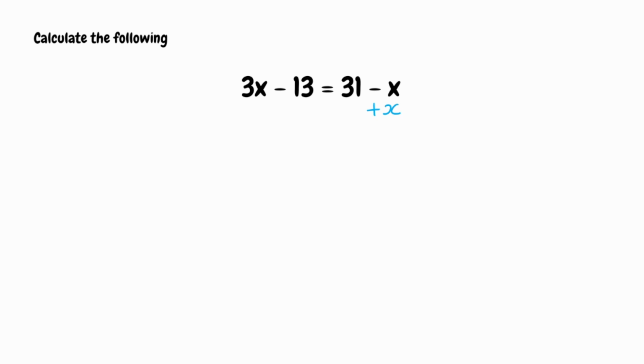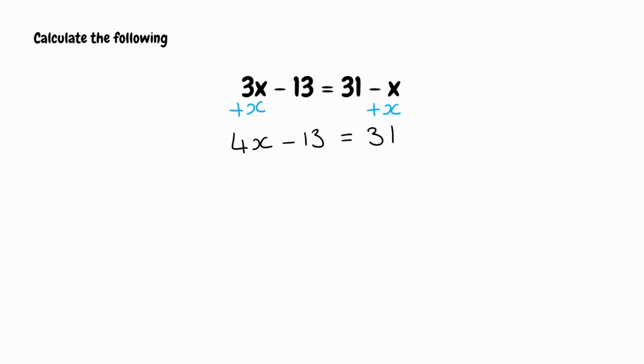So this time we're adding x to the right-hand side, so that means I need to add x to the left-hand side as well. So now our new equation, we've got 3x plus x, which gives us 4x, take away 13 is equal to 31, and then the x is cancelled on the right-hand side. So now we've got 4x take away 13 is equal to 31.